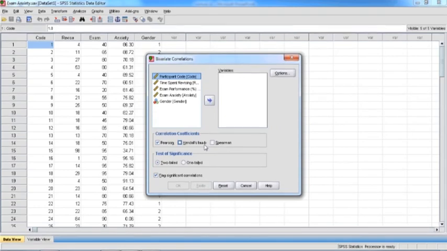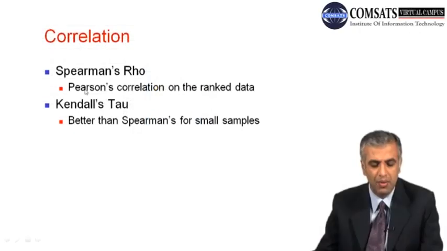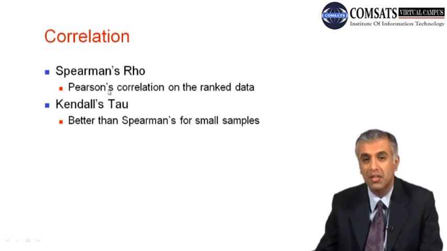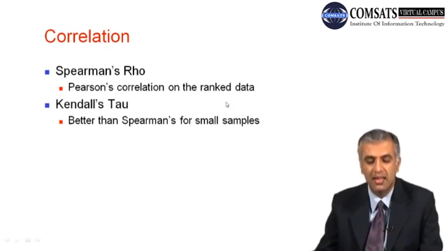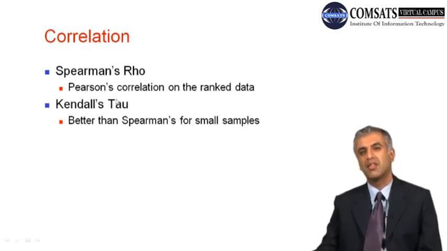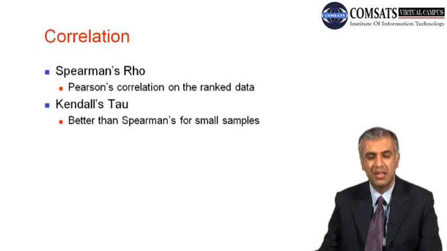But the difference between these three is portrayed here. As you can see, Spearman's rho is based on ranked data, and Kendall's tau is used for small samples, not for large samples. So that's the basic difference between these three types, which can be used for calculating the correlation coefficient.